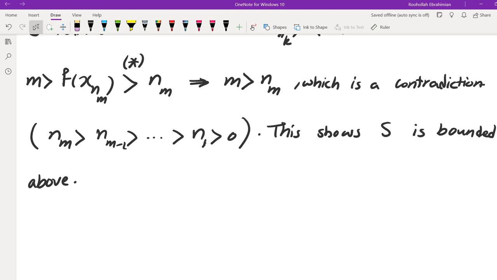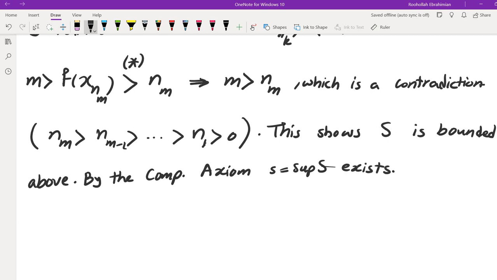Now, since S is bounded above and it is non-empty, by the completeness axiom there is a supremum. Let me call that s, s equals the supremum of S.